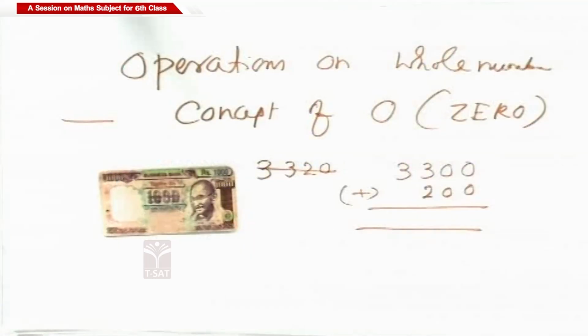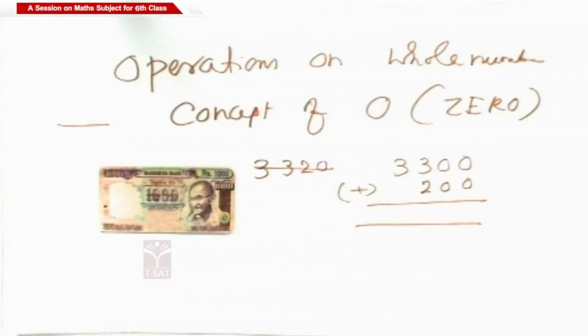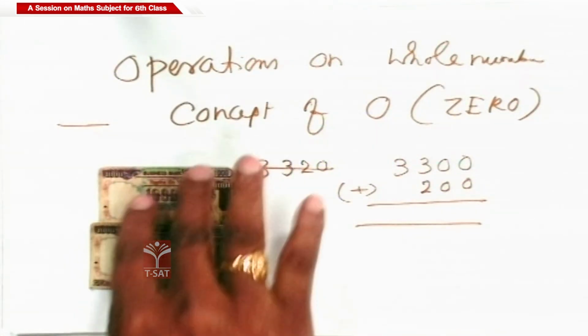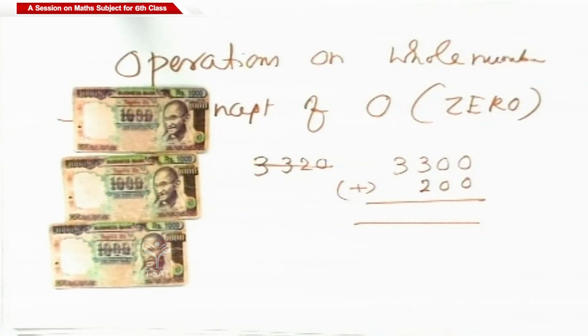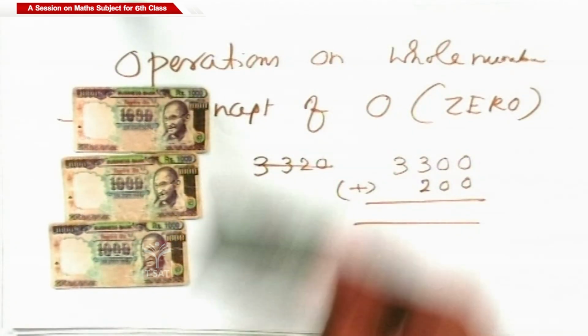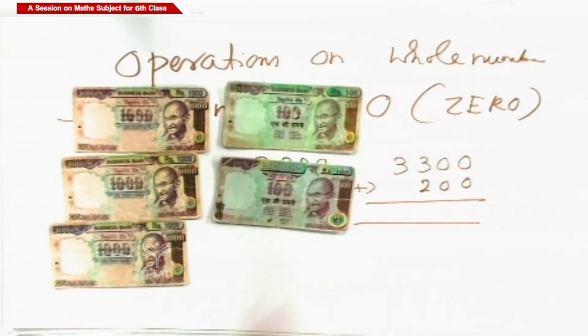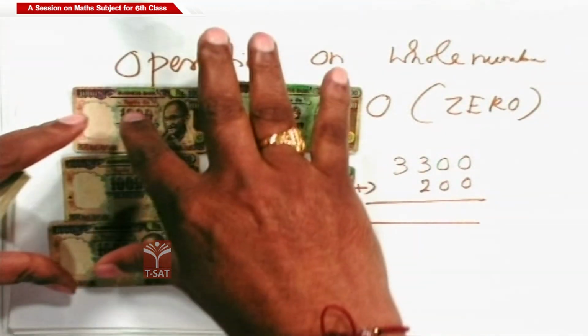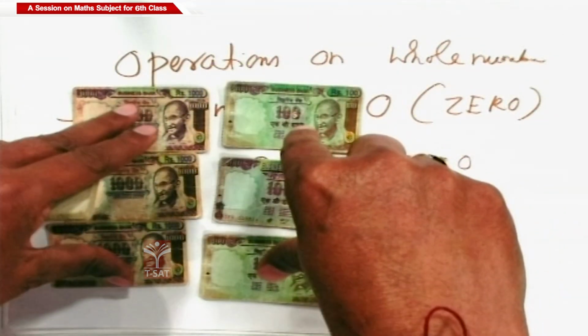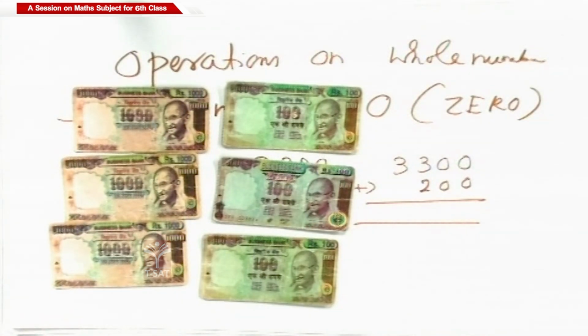For example, this is 1,000, again one more 1,000, this is 3,000. Now see here, 100, one more 100, one more 100. How much will this be? This is 3,000 including 300. Very good, 3,300. So now we are adding 200.